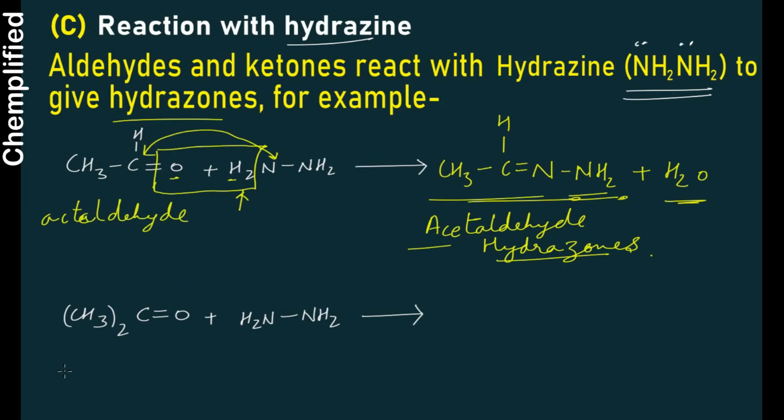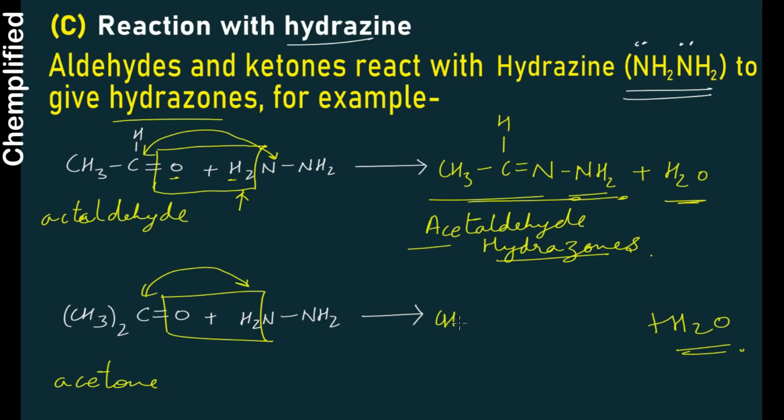In a similar way, this was your acetaldehyde, and this is your ketone, acetone. In this case also, the oxygen will combine with the hydrogen to form water, right? Then carbon and nitrogen will combine with a double bond. So the final product will be, now you can just write the name.